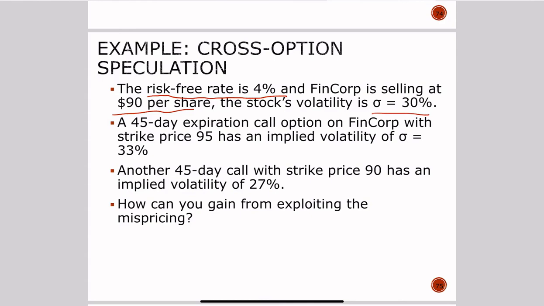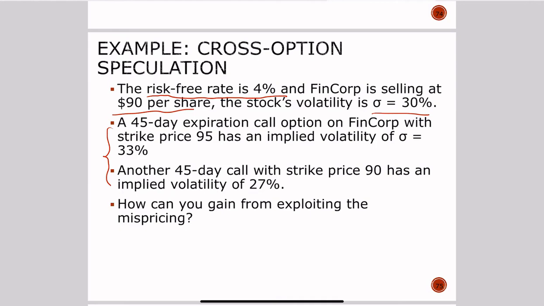And now we're looking at two different call options. The first call option, which is a 45-day expiration call, has a strike price of 95 and an implied volatility of 33%. And for a different 45-day call with a strike price of $90, its implied volatility is 27%.